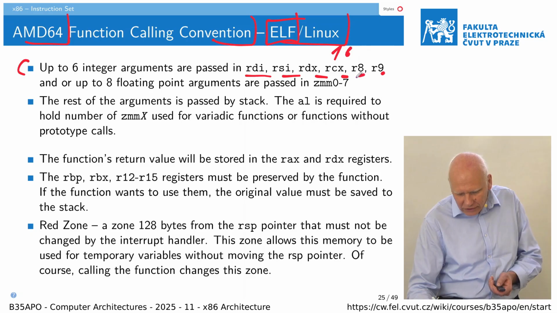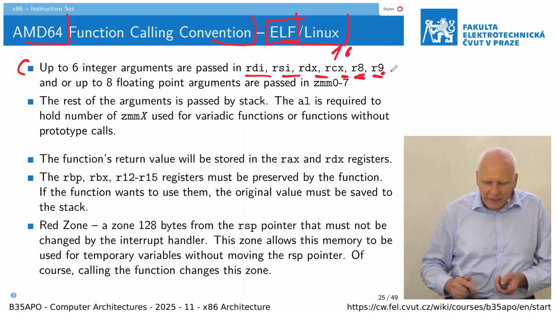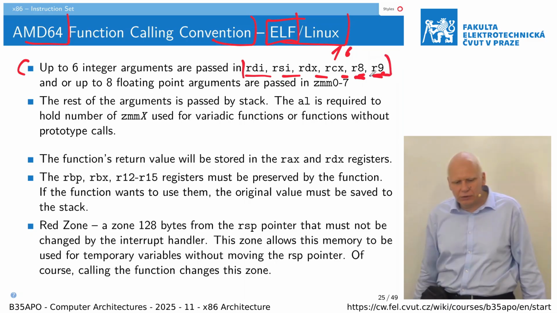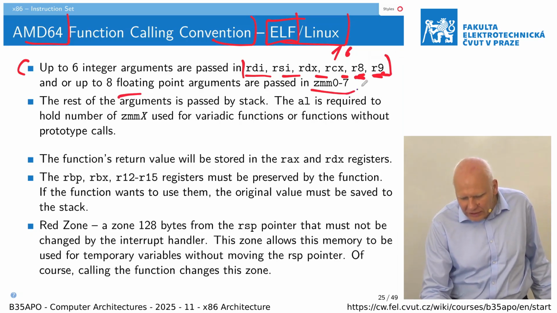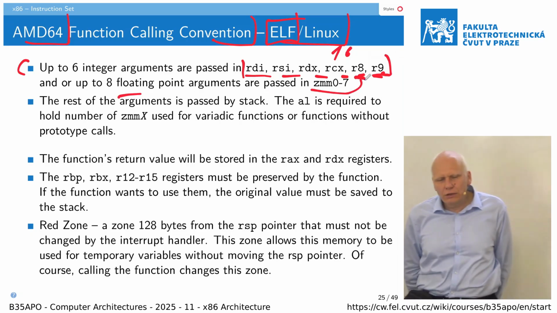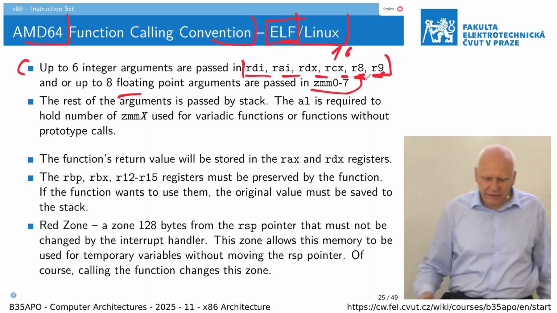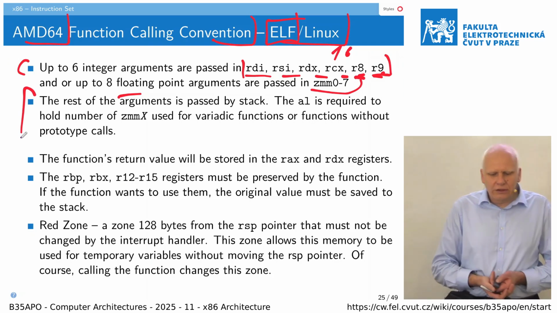The rest of the registers are called R8, R9, and so on. Those 6 are specified as usable for arguments. And up to 8 floating point arguments can be passed through the multimedia registers. The rest of the arguments have to be passed through the stack anyway.